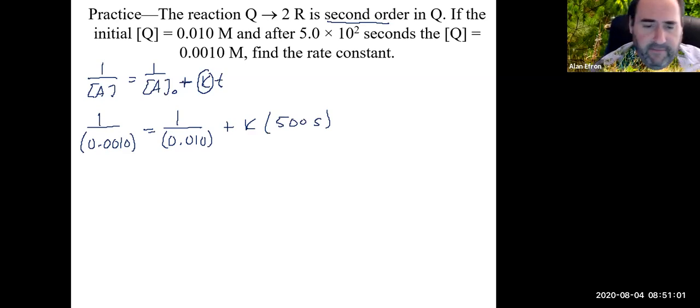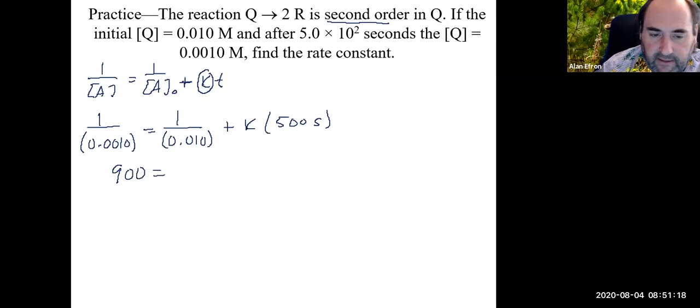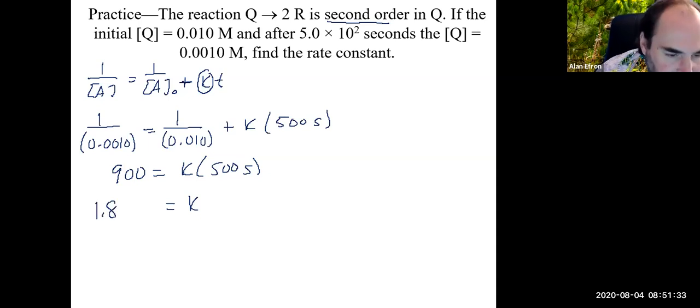Mathematically here, I will take 1 divided by 0.001, it equals. I then will subtract 1 divided by 0.01, it equals. And if you do that, it looks like 900 equals k times 500. We're then going to divide the 500 to the other side, and we get a k of 1.8. Now, unit-wise, I didn't write them here, but that's molarity, that's molarity.